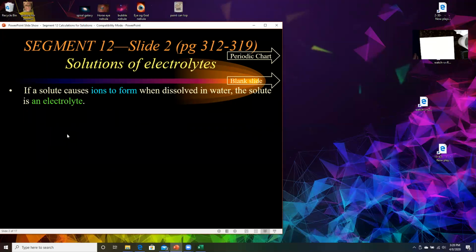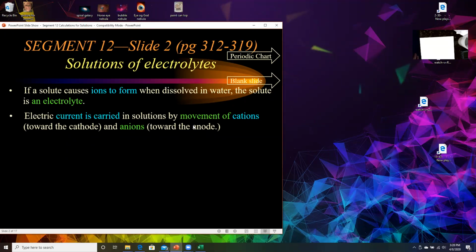Whenever you dissolve some things in solution, it carries an electric current. We call those electrolytes. Current in a solution is always carried by the ions that are in the solution.